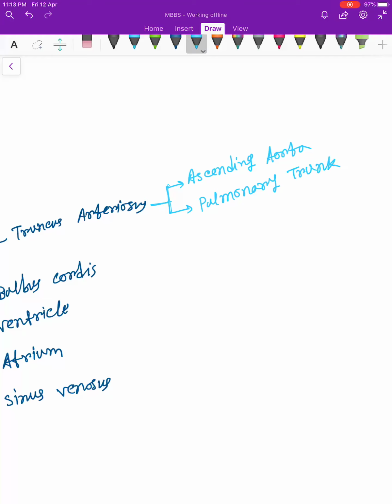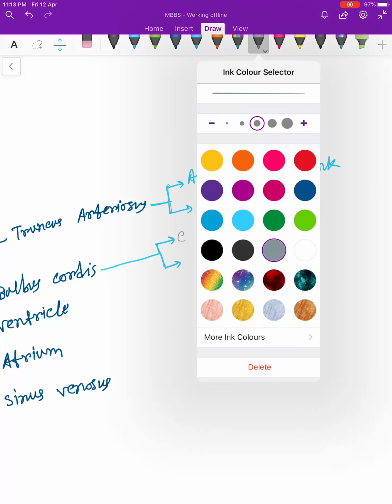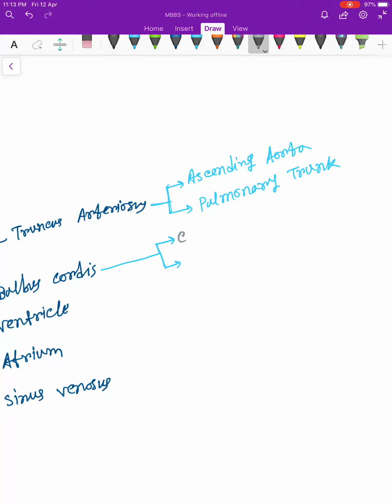Next bulbus cordis. From bulbus cordis, there are two parts. One is conus arteriosus, and another one is called the proximal 1/3 of the bulbus cordis.